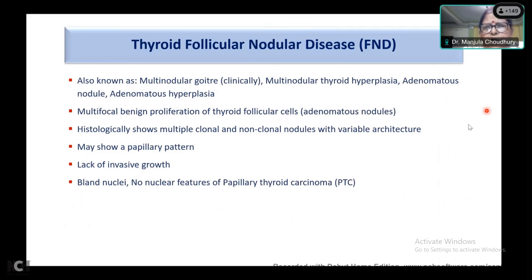So it is better to have the term WHO 2022 follicular nodular lesion. Unless we do the molecular markers, we can say it is an adenoma, but with histology alone it is difficult to give the proper diagnosis, and it is not coded for that reason.